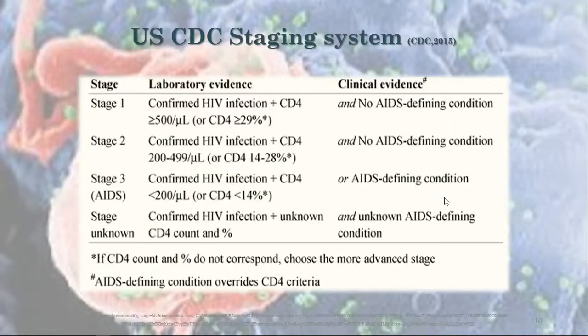Here are some other categories in the staging system for HIV. So after they've been confirmed to test positive with HIV, the next laboratory evidence that signifies that they have HIV will be a CD4 count of greater than 500 or a CD4 greater than 29%.